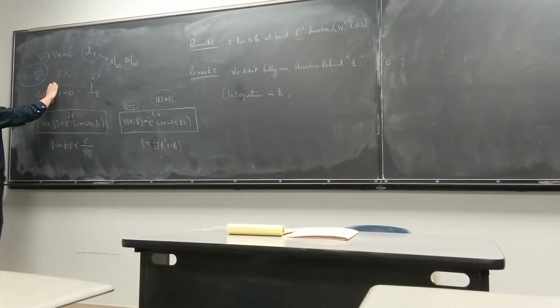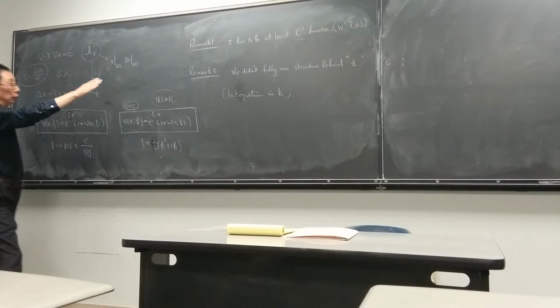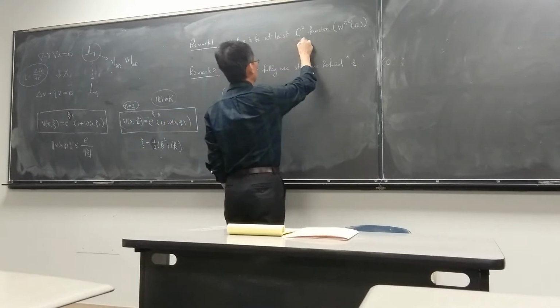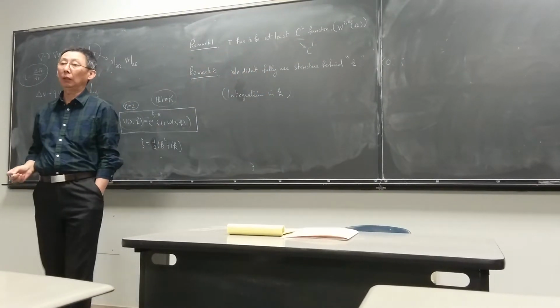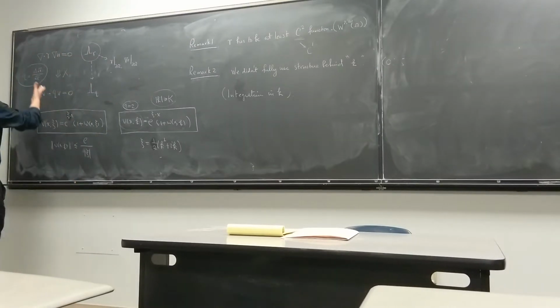It will reduce Q from C2 to C1. Gamma here obviously has at least C2, right? But we can have another approach so that it only requires gamma to be C1.